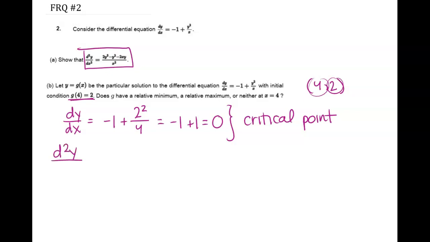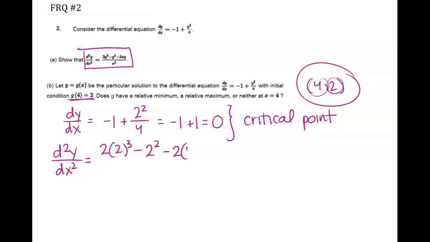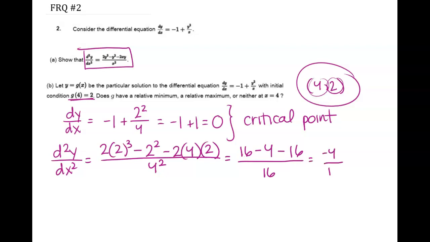So d squared y over dx squared at the point (4, 2), well, 2y cubed will be 2 times 2 cubed, minus y squared, which is 2 squared, minus 2 times x, which is 4, times y, which is 2, all over x squared, which is 4 squared. 2 times 2 cubed is 2 times 8, which is 16, minus 2 squared, which is 4, minus 2 times 4 times 2, which is 16, all over 4 squared, which is 16. 16 minus 4 is 12, minus 16 is -4 over 16.